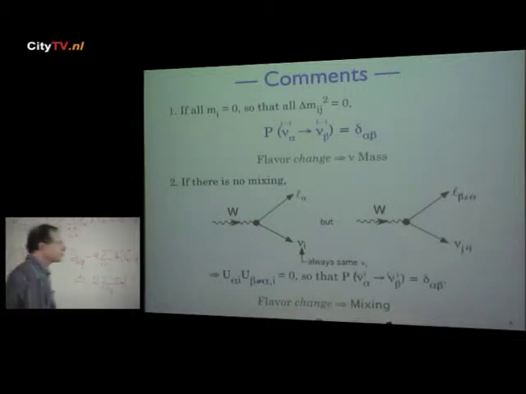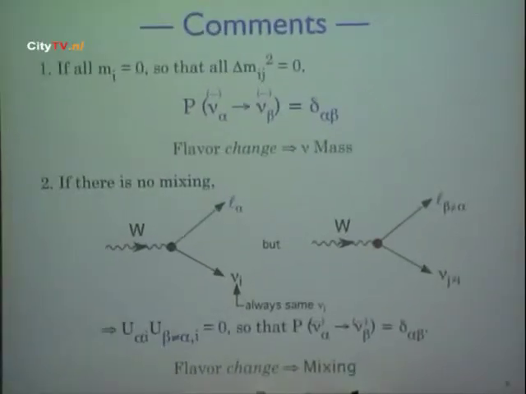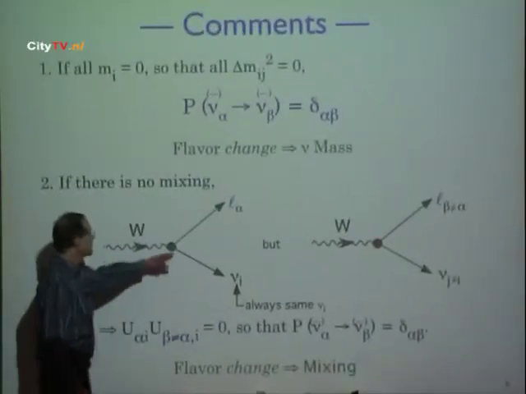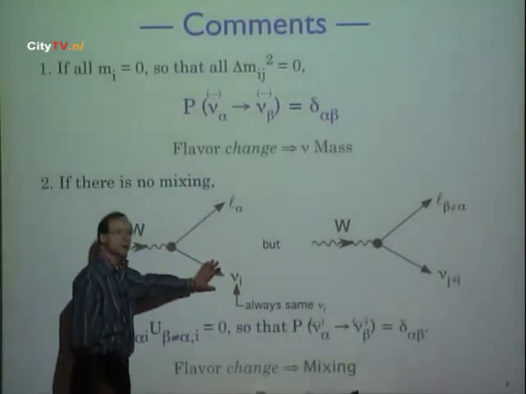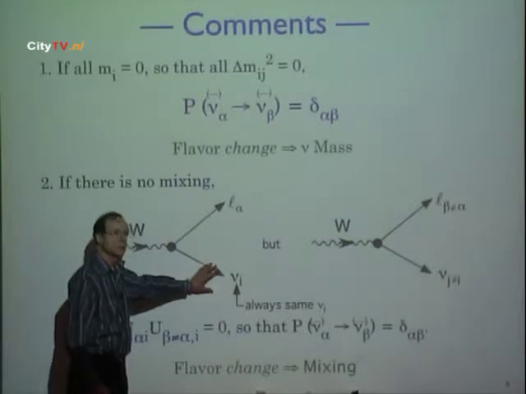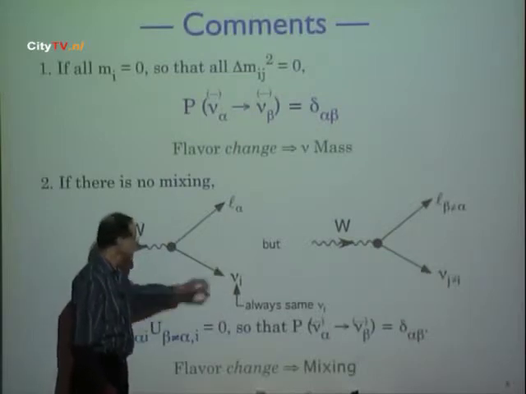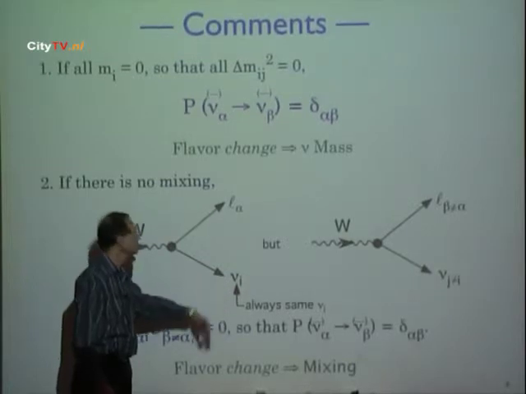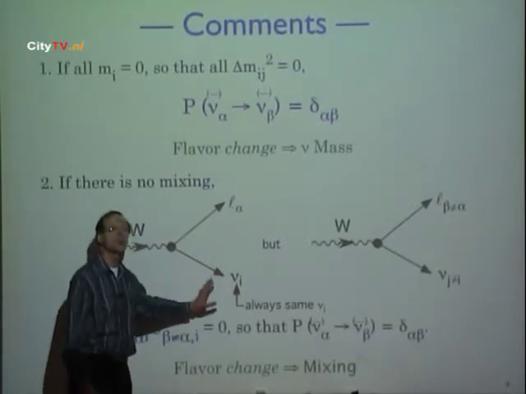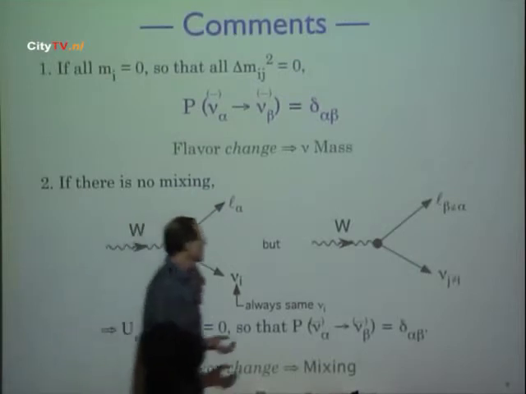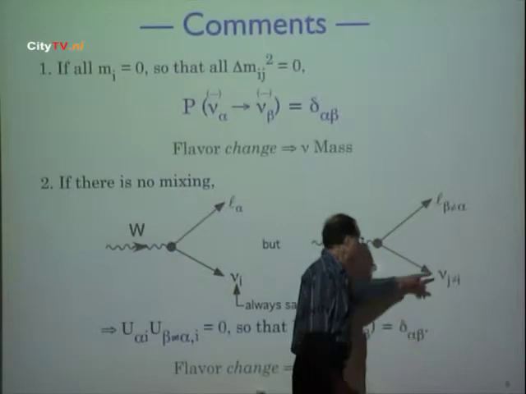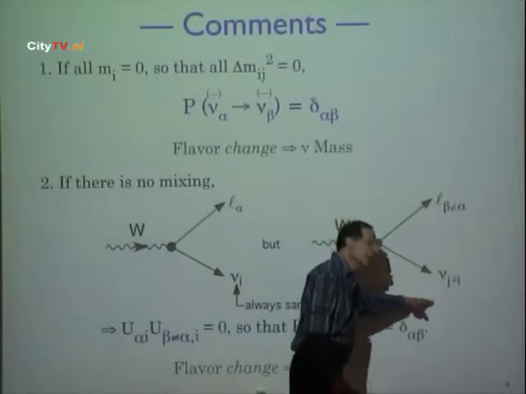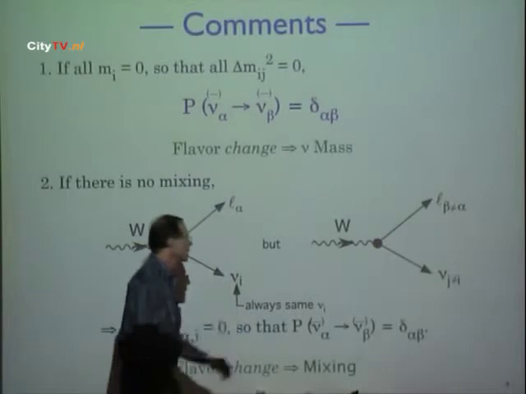Second point. Suppose there were no mixing. What that would mean is that when a W decays to a charged lepton of flavor alpha, it always produces the same neutrino mass eigenstate. Not sometimes nu 1, sometimes nu 2, sometimes nu 3, but always nu 1, say. And when it decays to a different charged lepton flavor, beta different from alpha, this is again always the same mass eigenstate, but a different one than over here, nu 2, say.